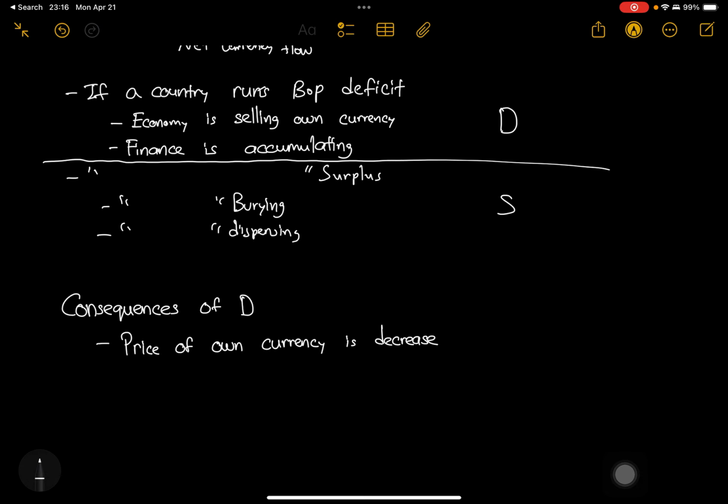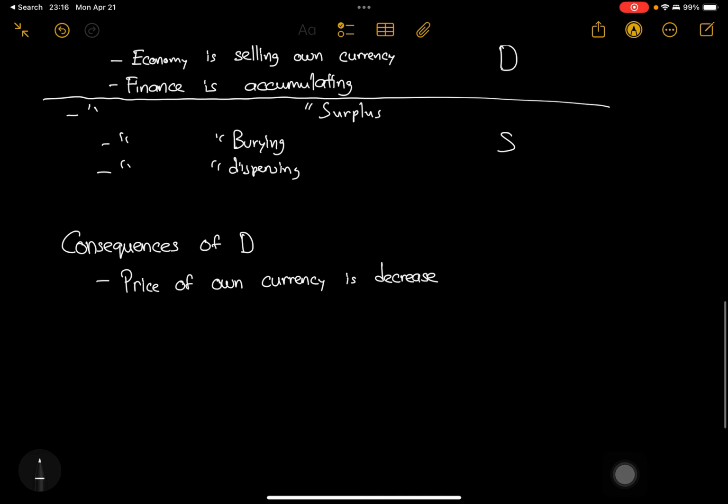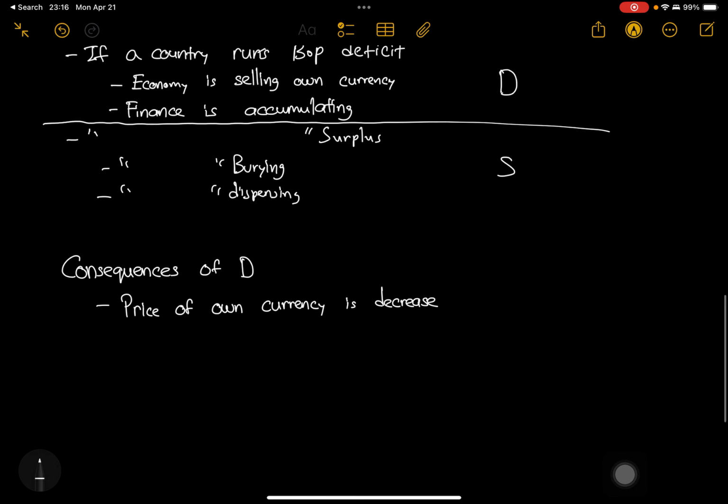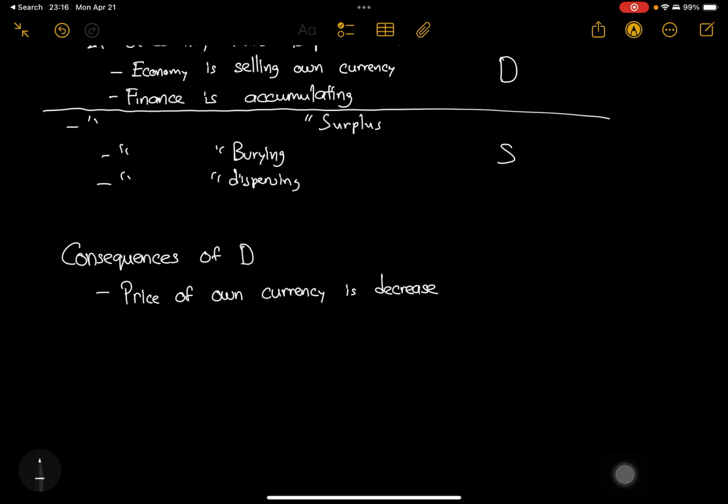So they're going to ask for larger and larger premiums to play as a market maker, which means that they're going to quote their bids lower and lower. But okay, anyways, that's a different argument, kind of complicated. Supply and demand, if that works for you, that works. Okay, so if you're running a deficit, the price of your currency is decreasing. And this can be seen as inflationary.